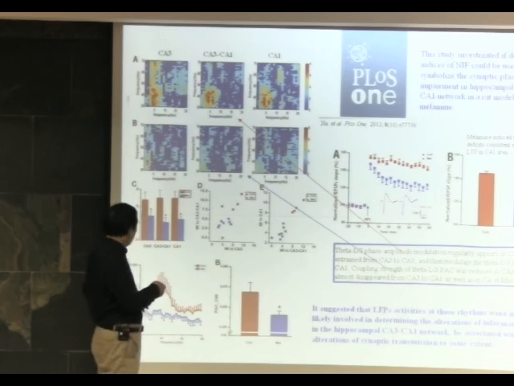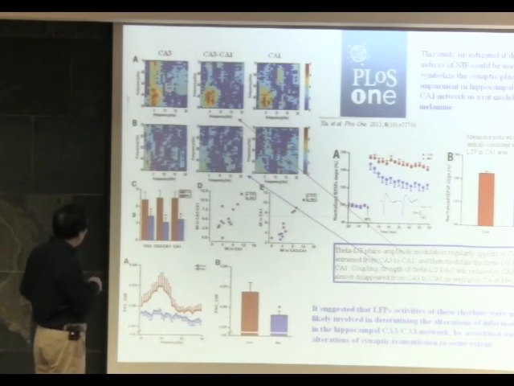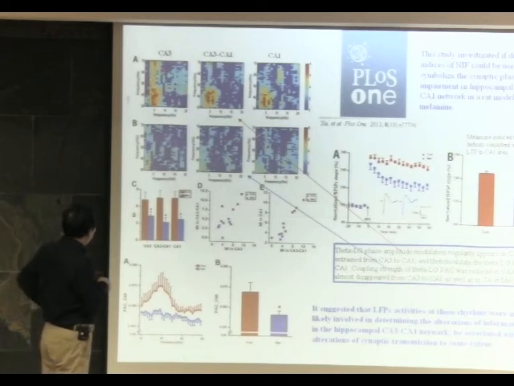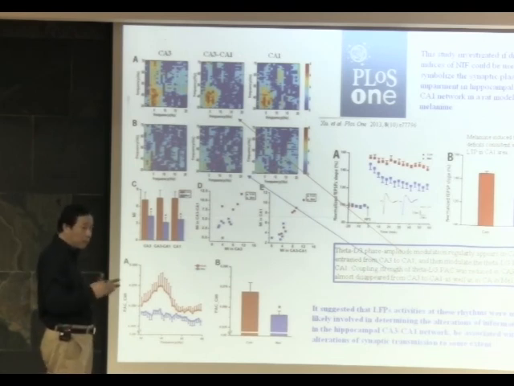This is the normal state. This is the melamine state. We can see that in the normal state, there is quite strong coupling strength either in CA3, or CA3 to CA1, or CA1. However, they almost disappeared in the melamine rats.